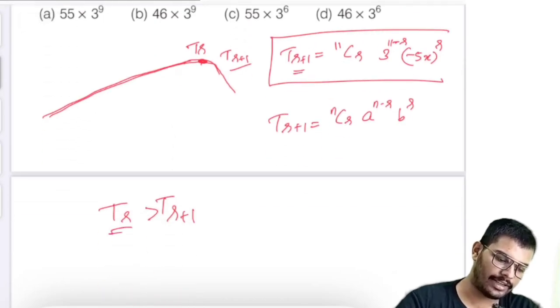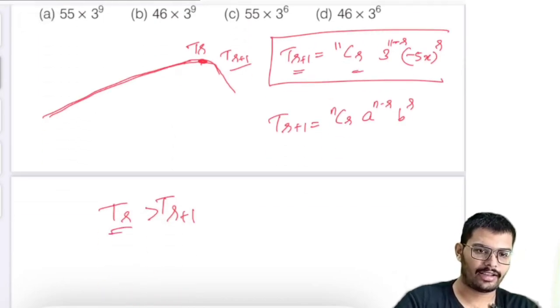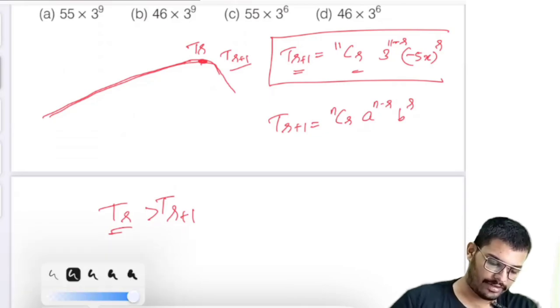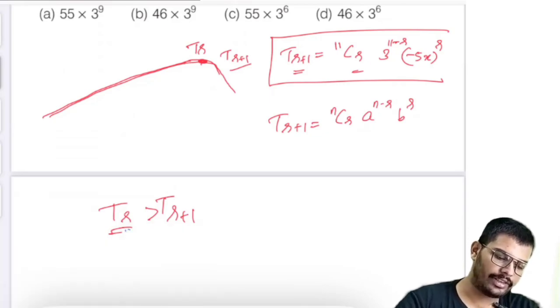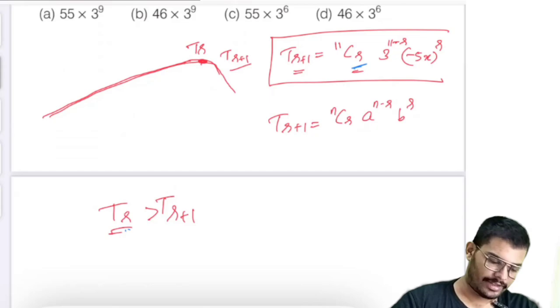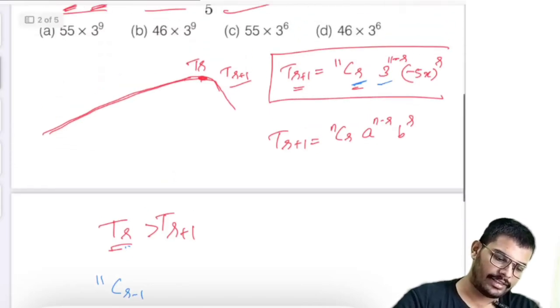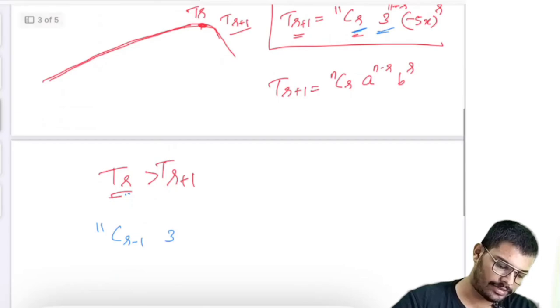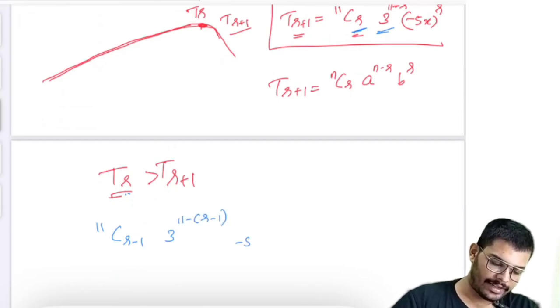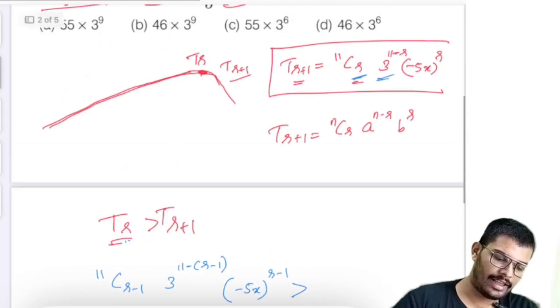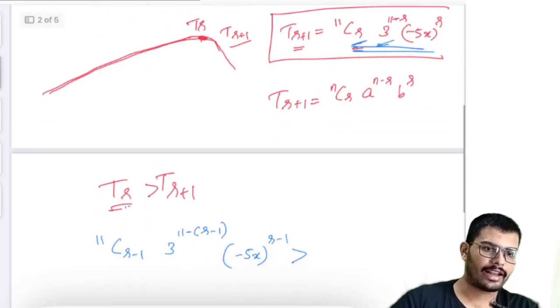If it is the r plus 1th term, we should put r in ncr. Now it is the rth term, so you should go with r minus 1. Therefore this term will be 11c r minus 1, 3 raised to 11 minus of r minus 1, then minus 5x the whole raised to r minus 1, greater than the tr plus 1 term.